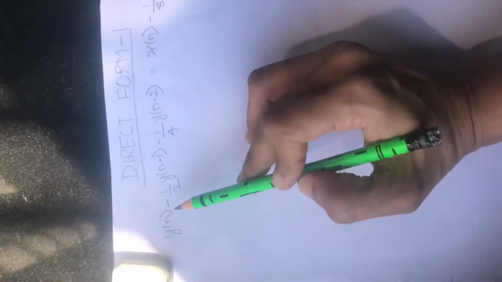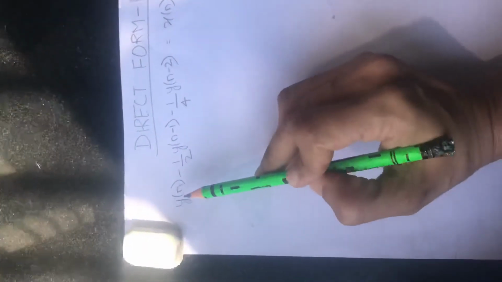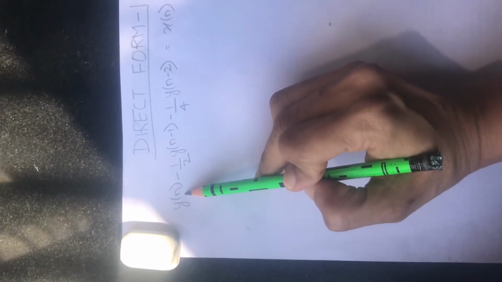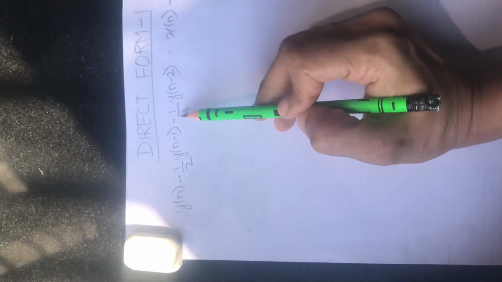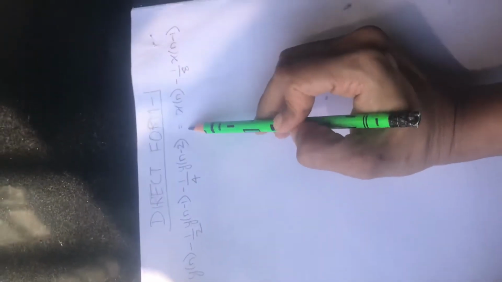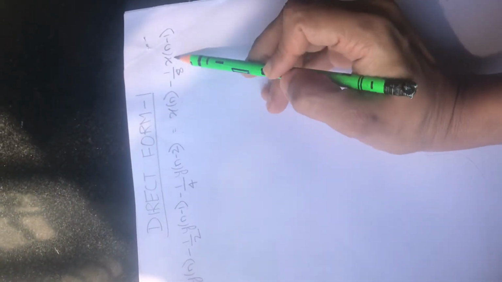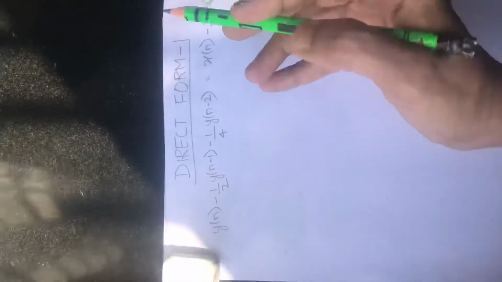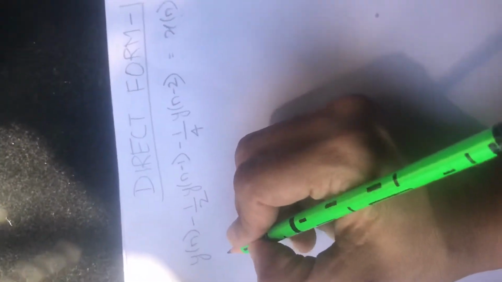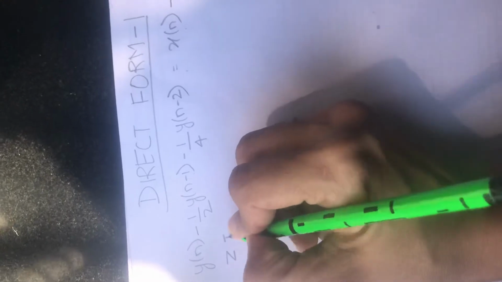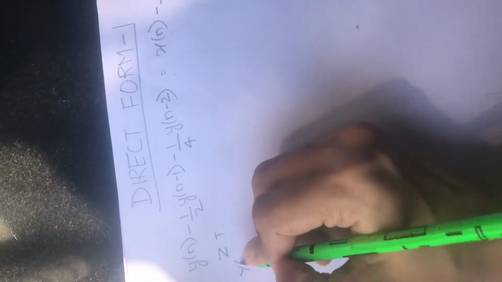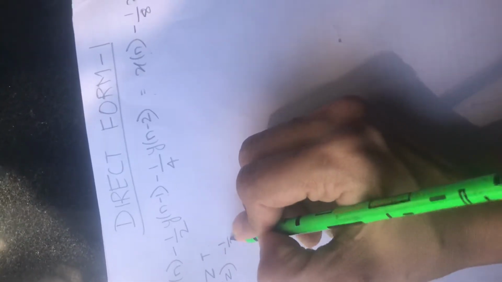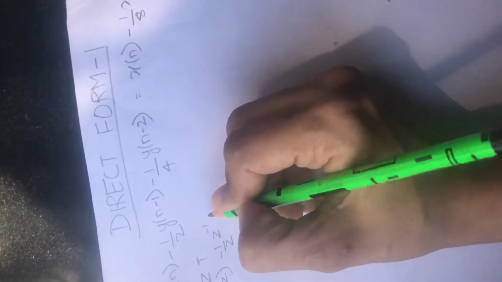So, let us assume that this is a system. There is a present output y of n minus half y of n minus 1 minus 1 by 4 y of n minus 2 is equal to x of n minus 1 by 8 x of n minus 1. So, the first step we will do is taking its Z transform, which will give us y of z minus half z inverse y of z.